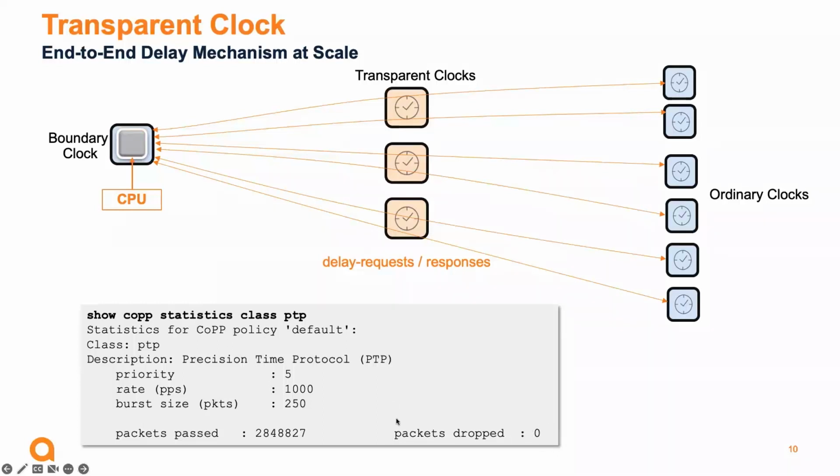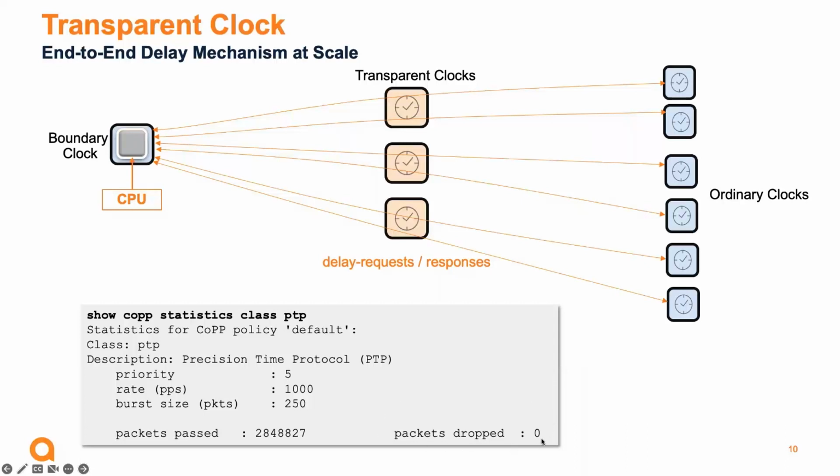You start dropping traffic because the bandwidth and priority you have allocated for the PTP traffic going up from the ASIC to the CPU is not enough. So packets are being dropped.